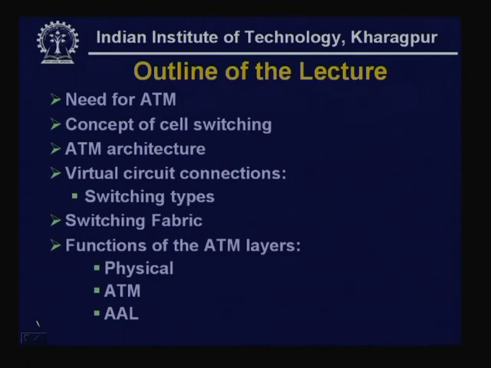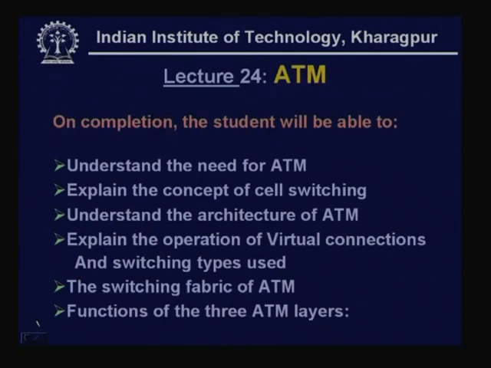Then, as we shall see, ATM has three different layers: physical, ATM and AAL. We shall discuss the functions of these three layers in detail. On completion, the students will be able to understand the need for ATM. They will be able to explain the concept of cell switching. They will understand the architecture of ATM.